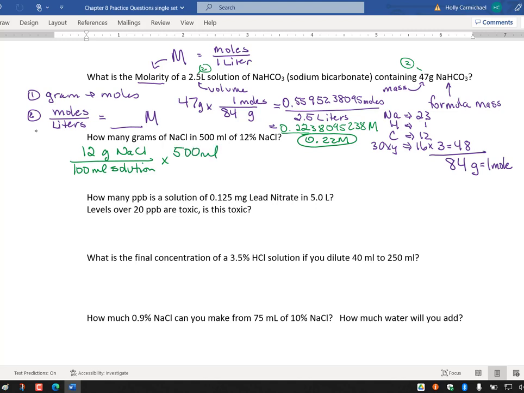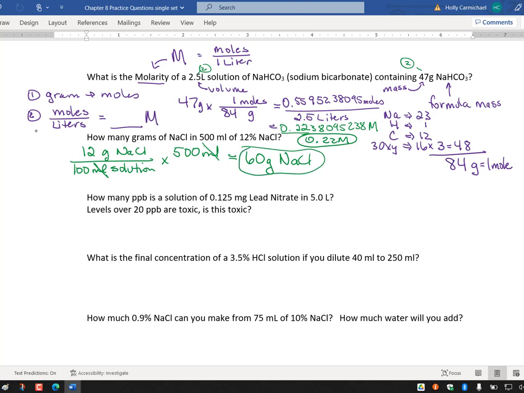So milliliters and milliliters will cancel. It's going to give me my answer. So 12 times 500 divided by 100 gives you 60. 60 grams of sodium chloride in that solution. Looking at it, 12%, 2 significant figures, 500, 1 significant figure, so 60 has 1 significant figure.